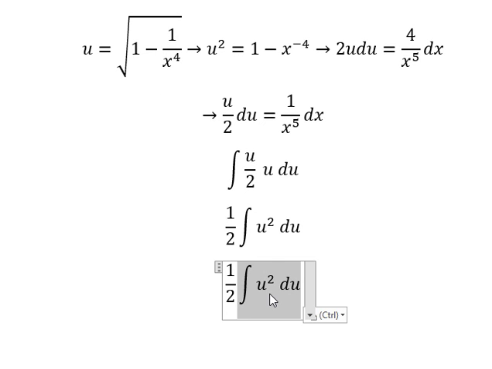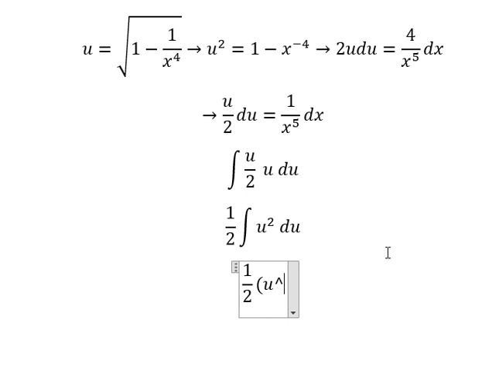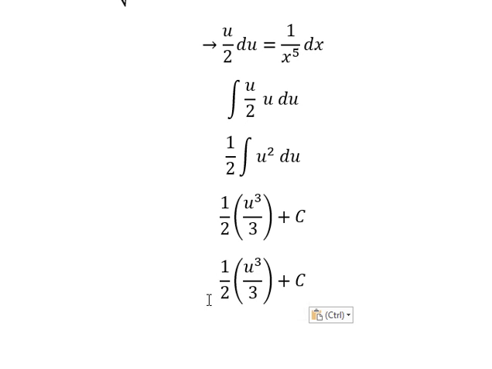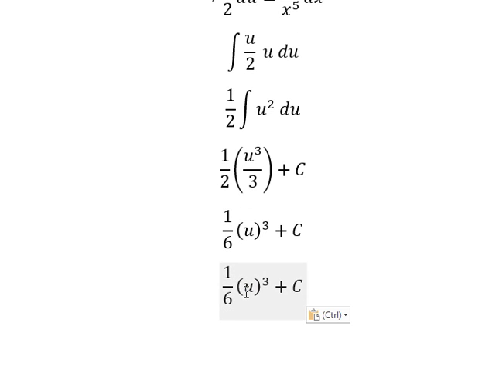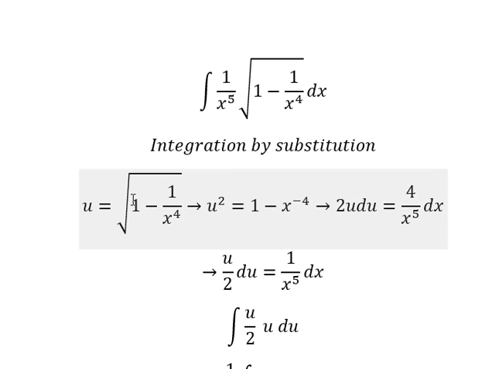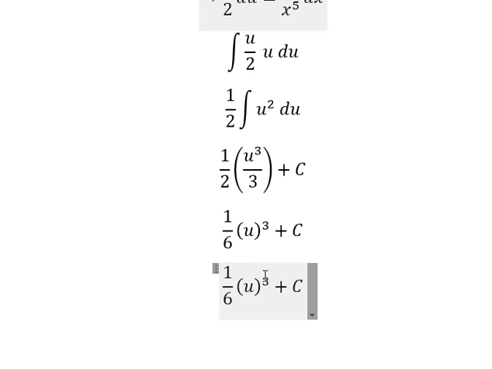The integration of this one is u to the power of 3 over 3, and I will put c. So 2 and 3 we have 6. u is this one.